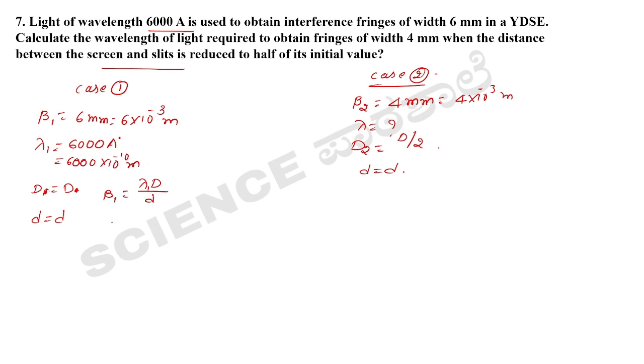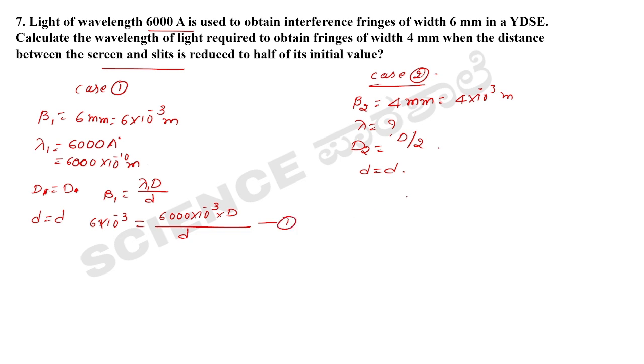Now what is given: beta 1, 6 into 10 raised to minus 3, is equal to lambda 1, 6000 into 10 raised to minus 10, D becomes D and small d becomes small d. We call it equation number 1.